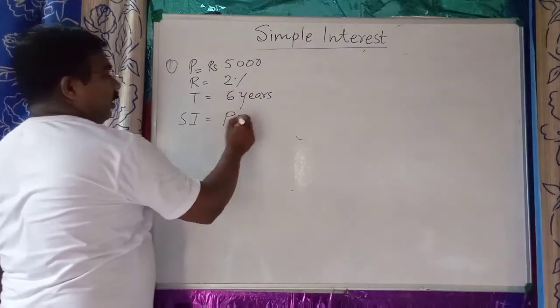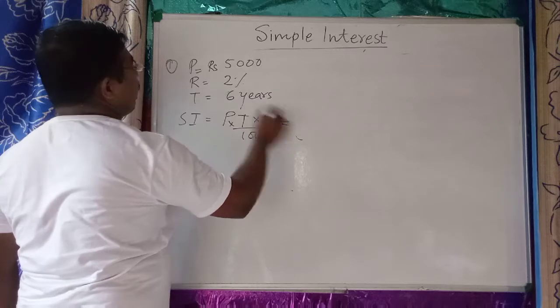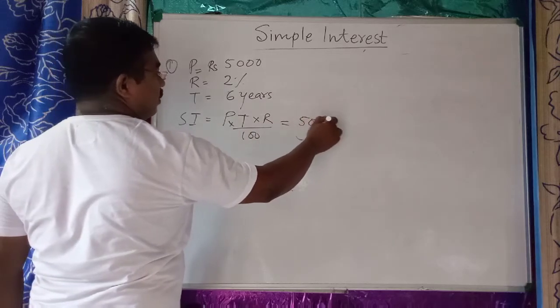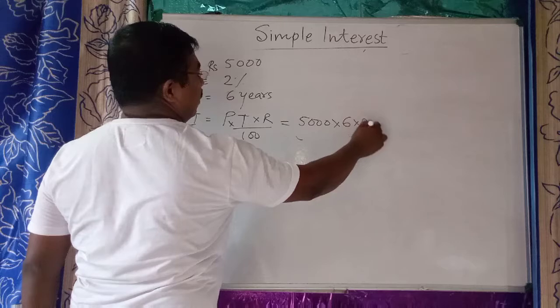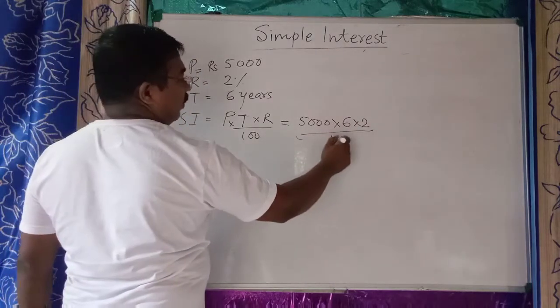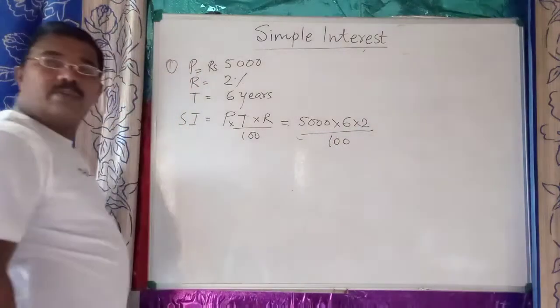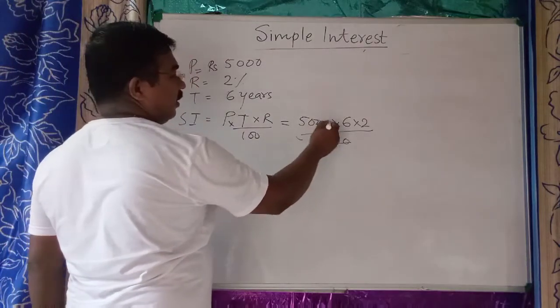SI is equal to P into T into R by 100 is equal to, P is here 5,000, T is equal to 6 years and R is equal to 2 divided by 100. In this way, we can find out the answer. 100 is cancelled here.